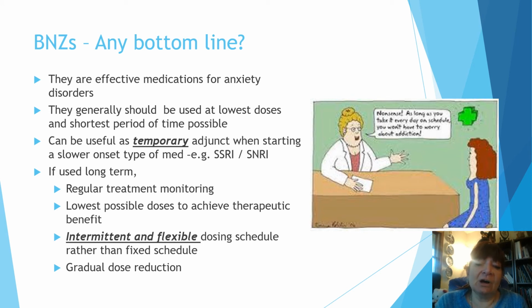Best to continue on an intermittent, flexible dosing schedule rather than a fixed schedule. And then in cases where you need to get the person off of the benzos, I strongly recommend gradual dose reduction. At the same time, you want to make sure you're providing your patient other strategies to help their anxiety.